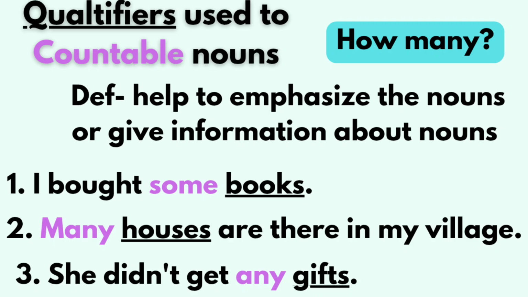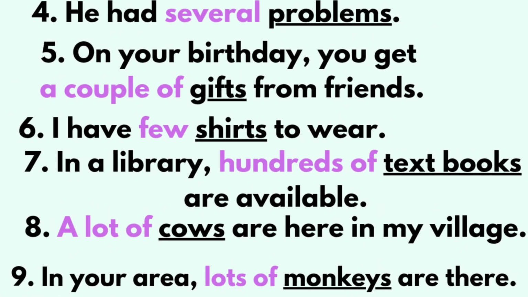So we'll see some more examples. A couple of examples. He had several problems. Here problems means plural countable. You can say 2 problems, 3 problems, 10 problems. These are countable nouns. Several is a quantifier. Several problems. It is giving information about nouns.